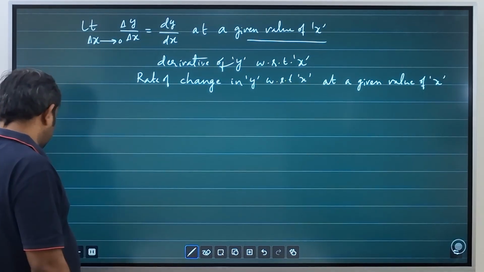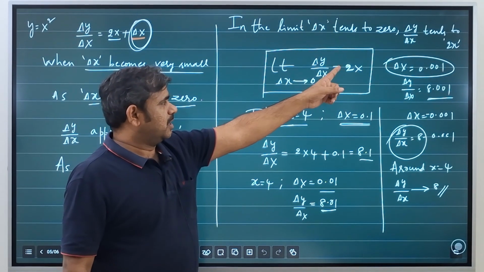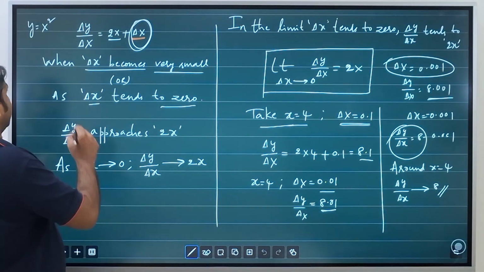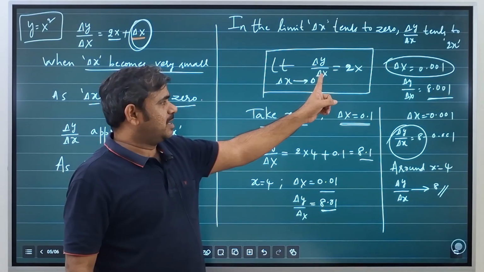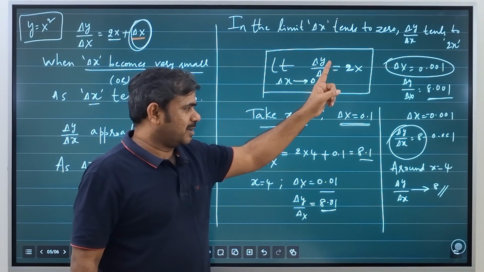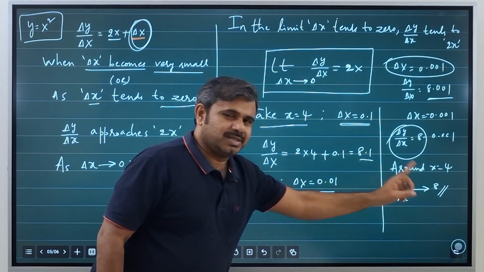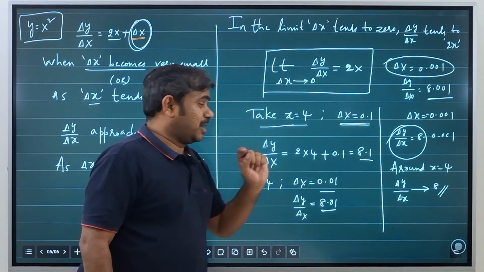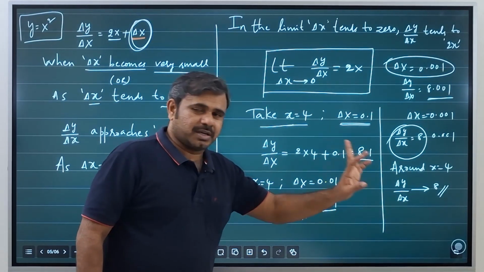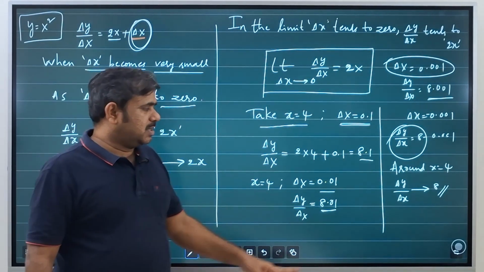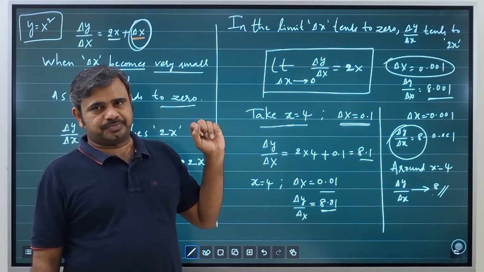In the function y is equal to x square, we have seen on the previous page, as delta x becomes smaller and smaller around x is equal to 4, delta y by delta x approaches 8. So in this example, the derivative of y with respect to x is equal to 8 at x is equal to 4.